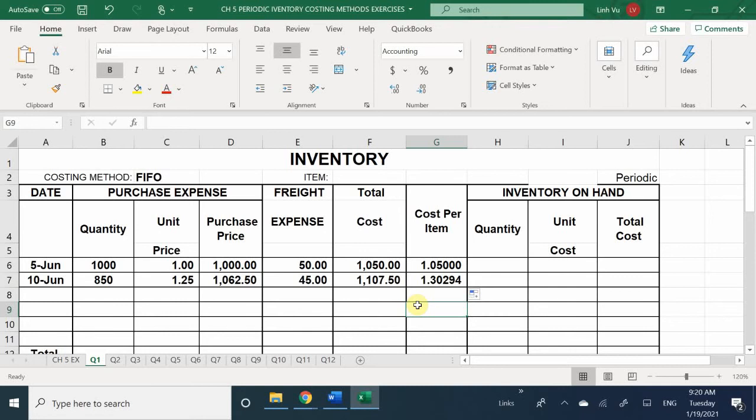Now let's say this was 1.3056. If you round up, you're going to cost too much, and if you get rid of 1,000 items, you lost a whole dollar right there. So that's why it's very crucial that you choose whether to round now or to round later. Rounding up can hurt you in the long run if you round up too early.